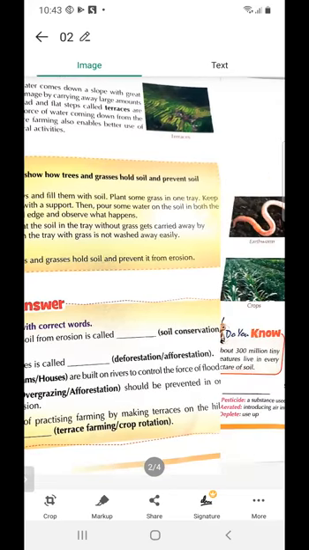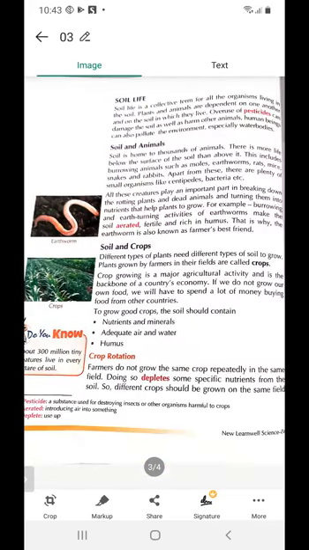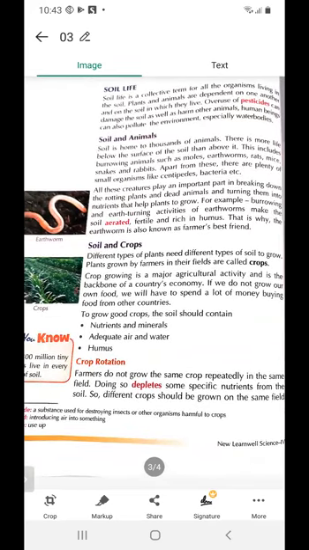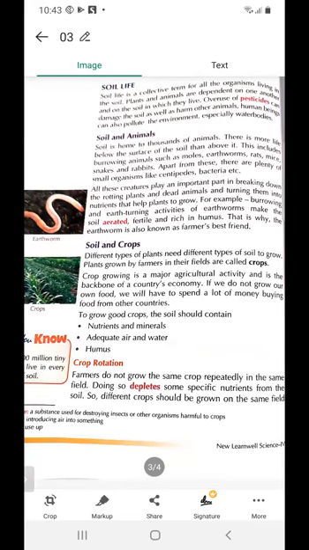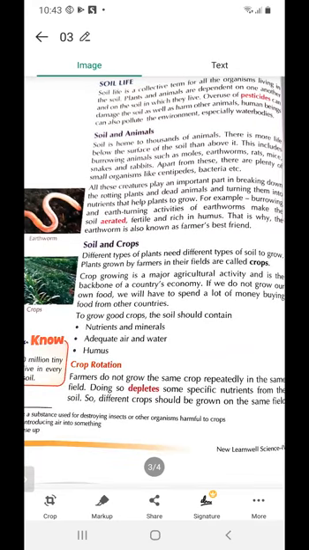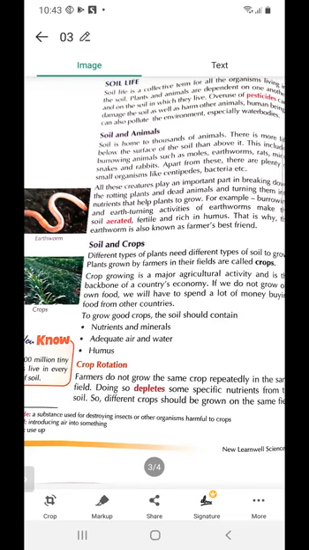Next topic is soil life. Soil life is a collective term for all the organisms living in the soil, and plants and animals are dependent on one another. So what is soil life? It is a term given to the organisms living in the soil.